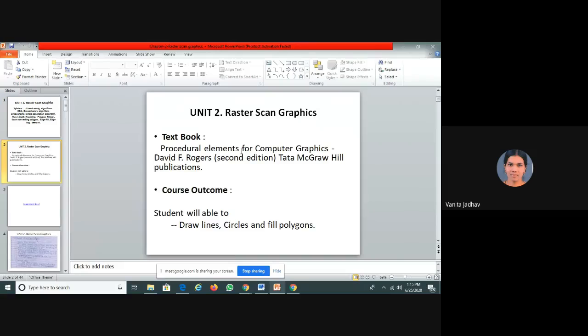Write down the name of the textbook required for this chapter: Procedural Elements for Computer Graphics by David Rogers.